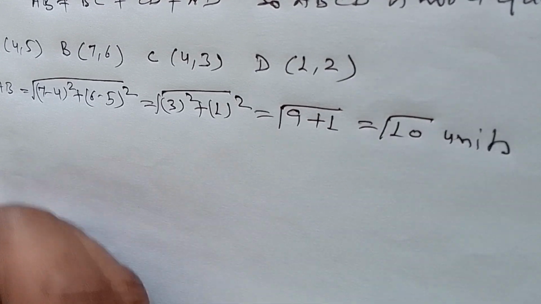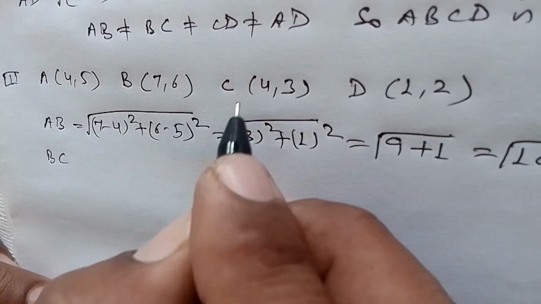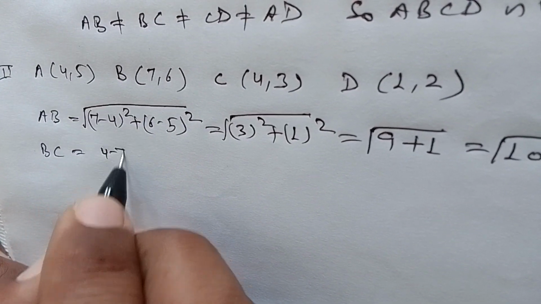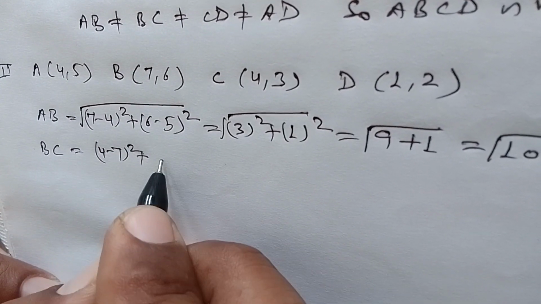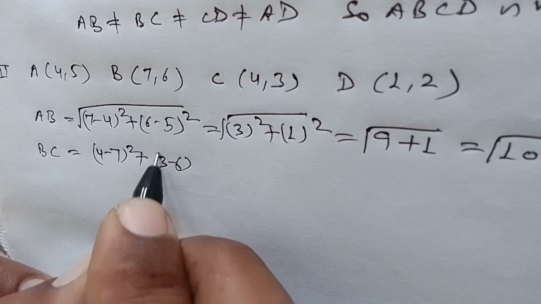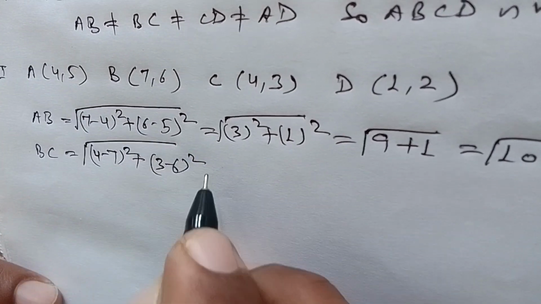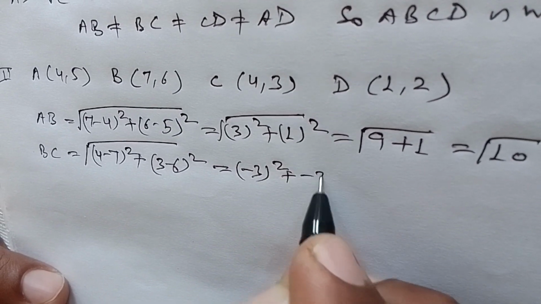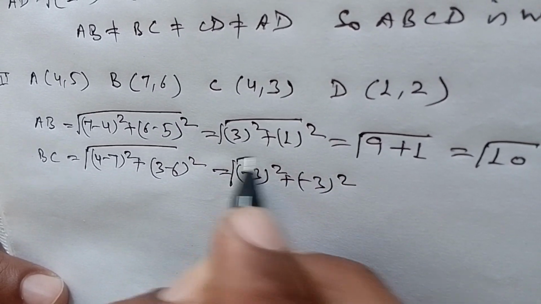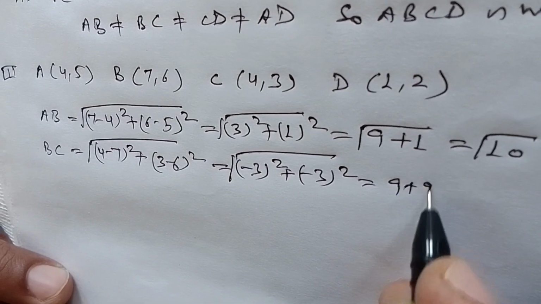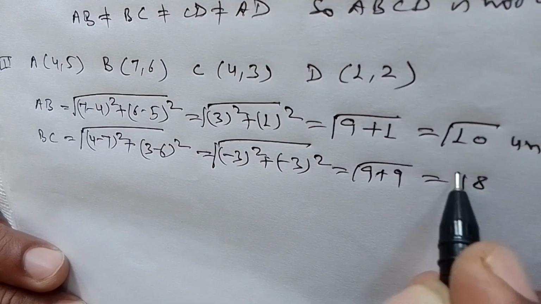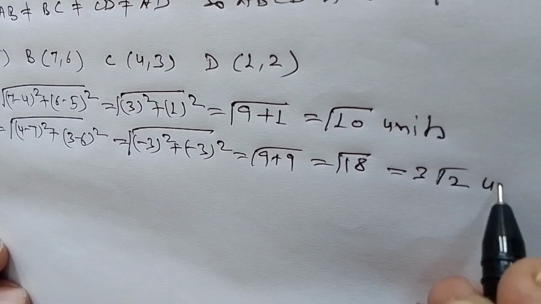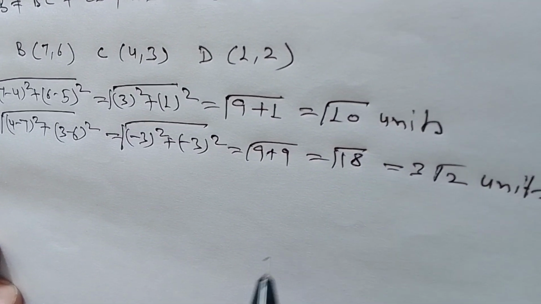Now the distance between point B and C, that is 4 minus 7 square plus 3 minus 6 square under root. It comes out to be minus 3 square plus minus 3 square, which is 9 plus 9 equal to 18 under root, which is further simplified to 3 under root 2 units.